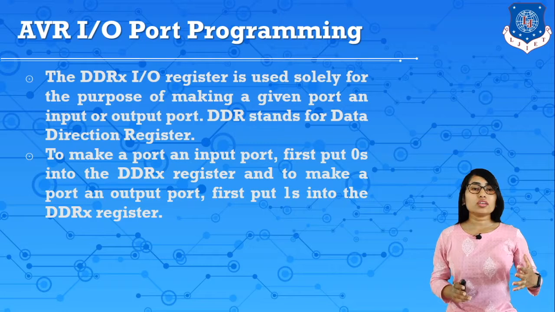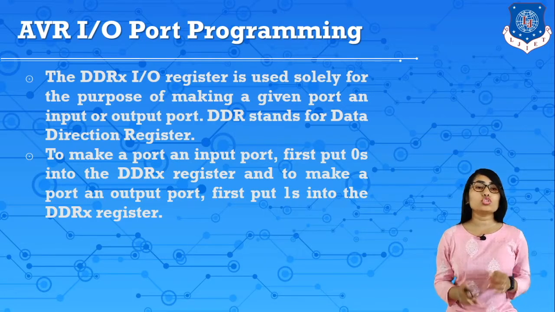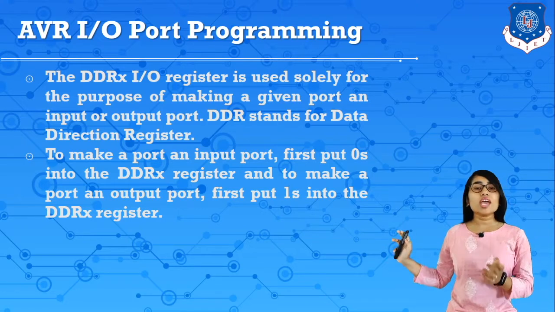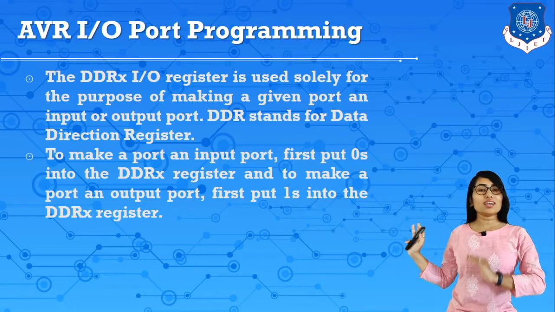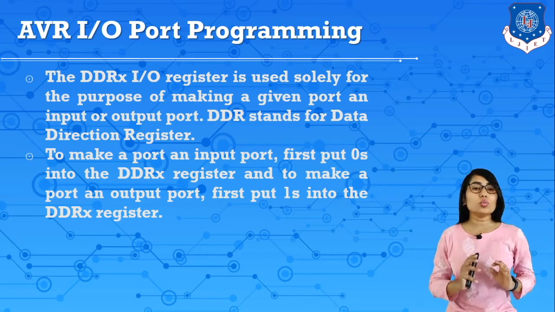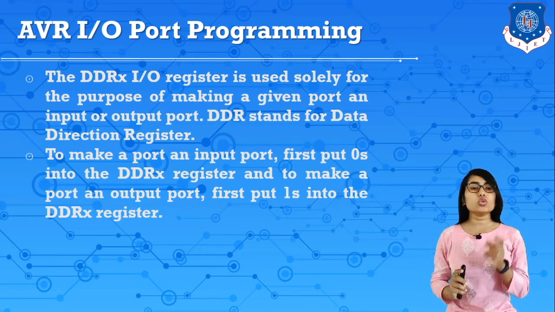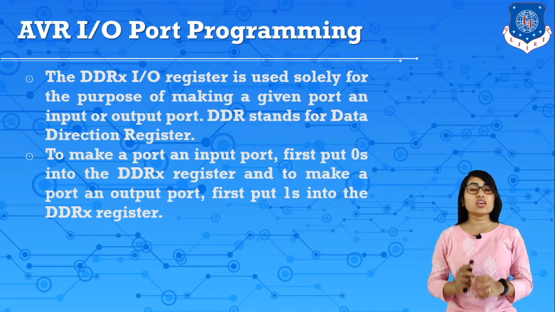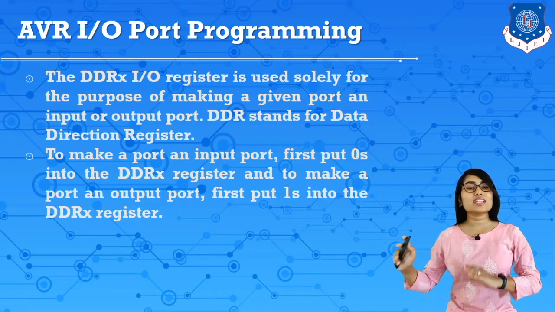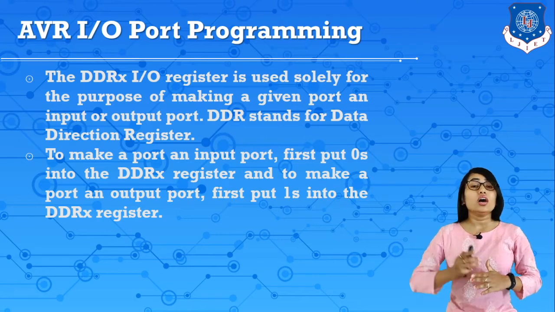Here we have two options. To make any port an input port, we have to put the content of DDRX as zeros. So to make a port an input port, first put zeros into the DDRX register. If all bits in DDRX are 0, it indicates that the given port is an input port.